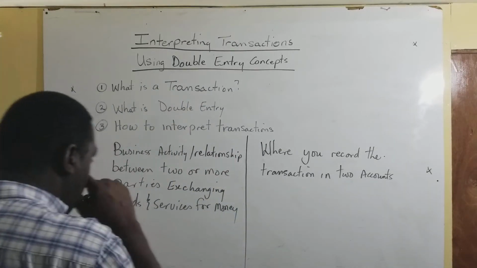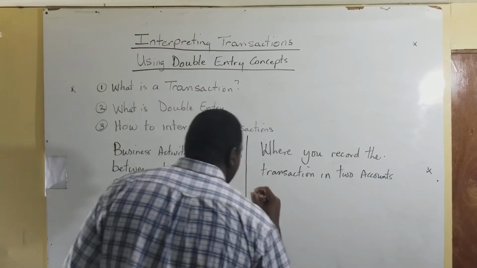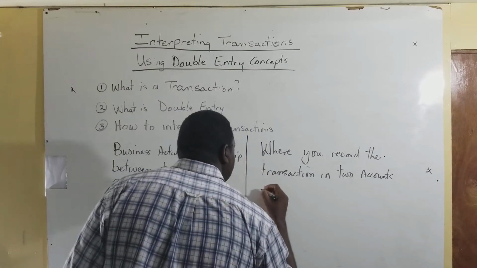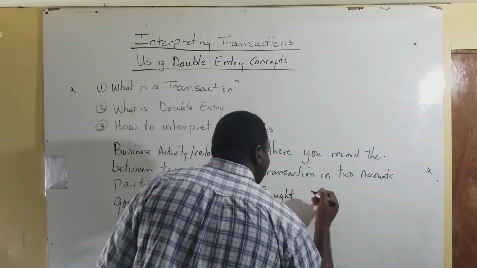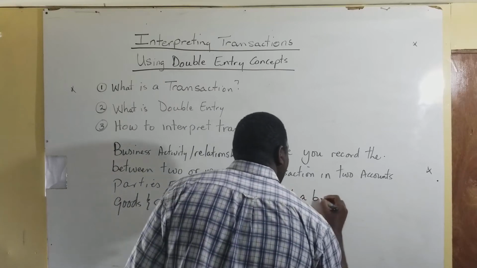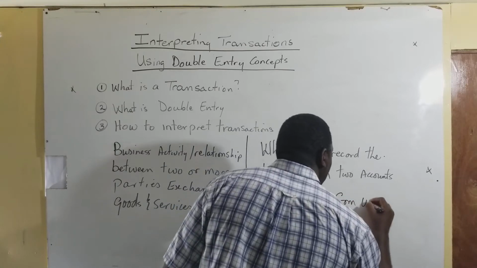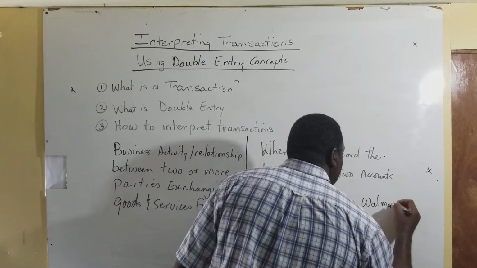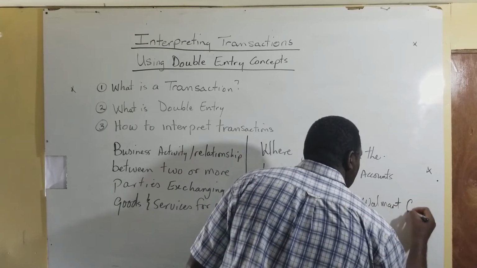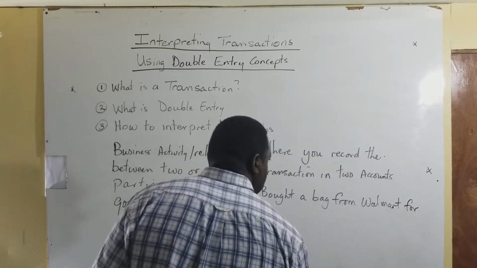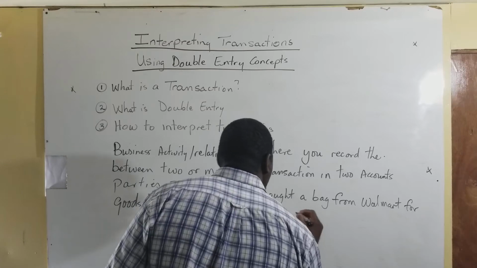Now, let's move on. Let me use an example. This is a transaction: bought a bag from Walmart for $400 cash.